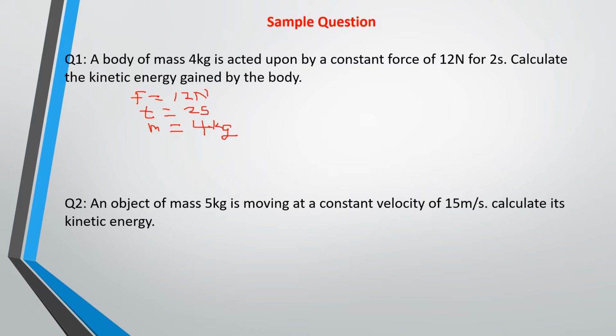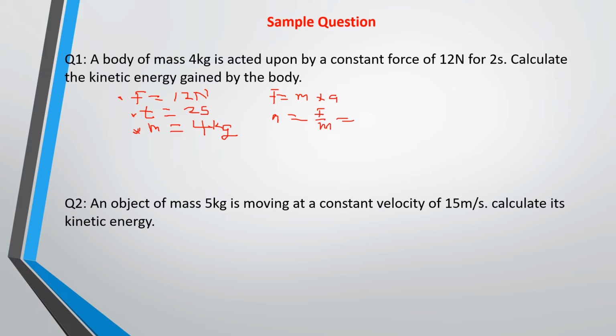So for you to solve this problem, you are going to consider the variables that are given to you and what you don't know, so that you can find the kinetic energy of the body. For this particular problem, we know that force equals mass times acceleration, so you are going to find the acceleration first. Acceleration is equal to force over mass.